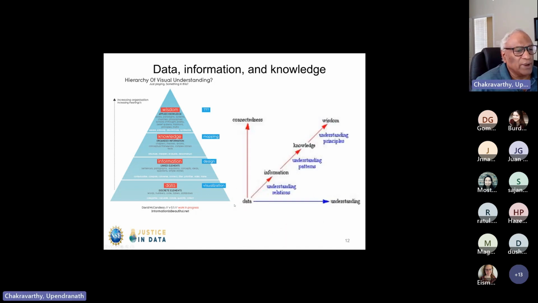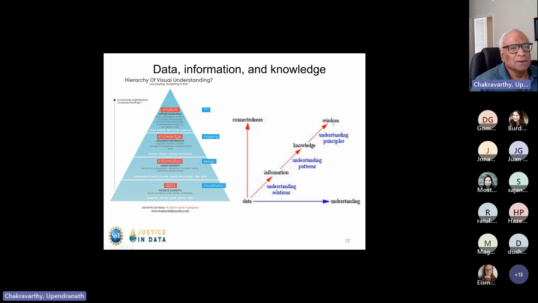So here is another way to look at it: data, and understanding of data, versus how they may be connected or related to each other. You have data and you have information, which is a small difference, understanding what it is. But the more important thing is you're trying to understand the patterns in the data. That's what we call knowledge discovery or mining or inference, whatever you call it.